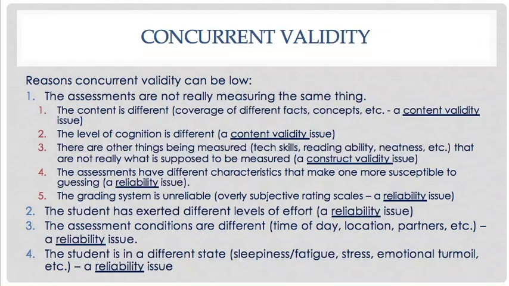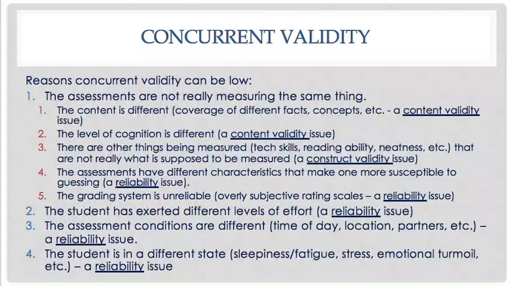Now, reasons why concurrent validity can be low are many, right? One reason is that the assessments are not really measuring the same thing. Now, this can be an issue of content validity when we talk about the coverage of material or the level of cognition.